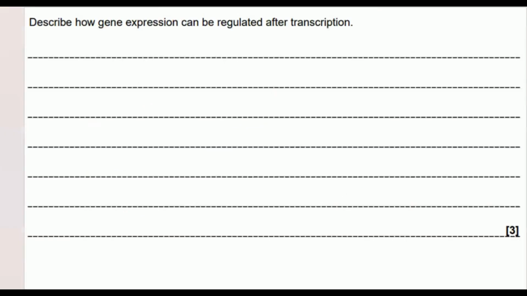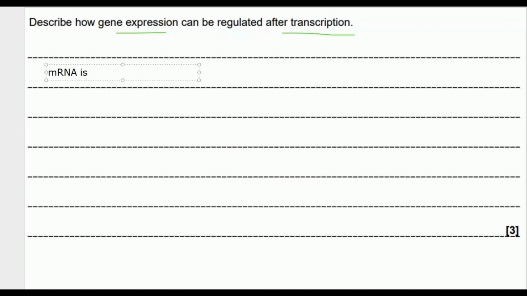Okay, what's this? 3 marks. Describe how gene expression can be regulated after transcription. Okay, so after transcription, so what happens in transcription? What do we create? Pause the video, have a go. All right, I'm going to go through the answer. So after transcription, we're going to make mRNA.